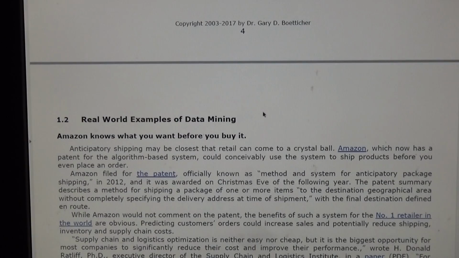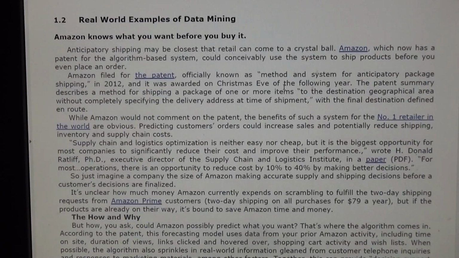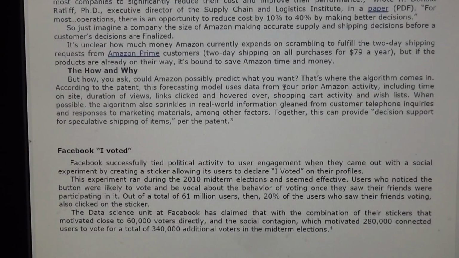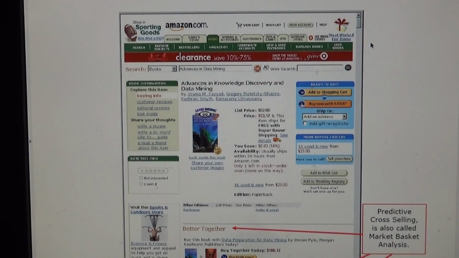Here are some examples. One is Amazon real-world examples. You can read those. I won't go into detail. So we have this: Amazon knows what you want before you buy it. Facebook has some voting article. Now here's an interesting one. You've probably had this happen.